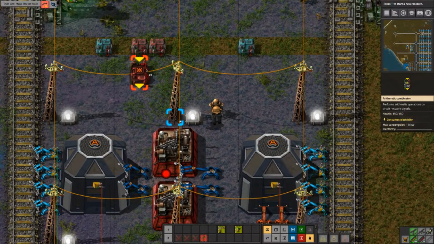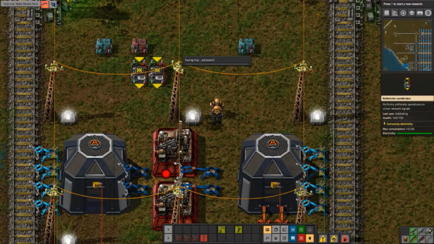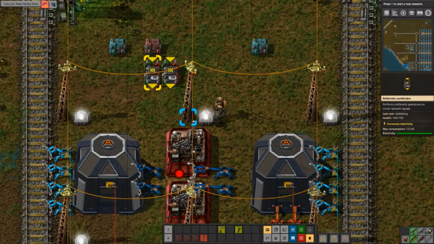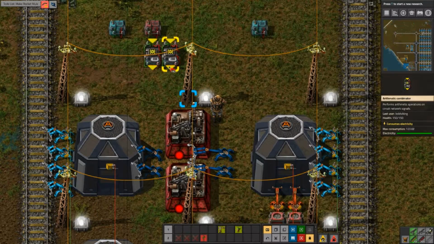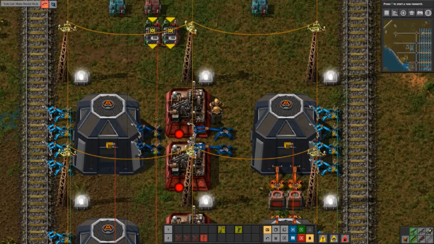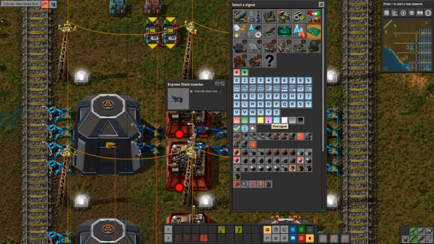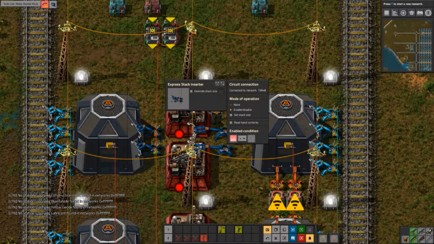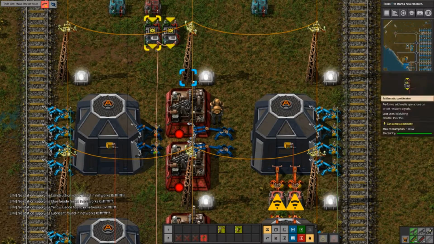Here. I have two of these. And we could hook these up, hook these up, hook these up. Top one is only activated as long as the red signal is greater than 0.